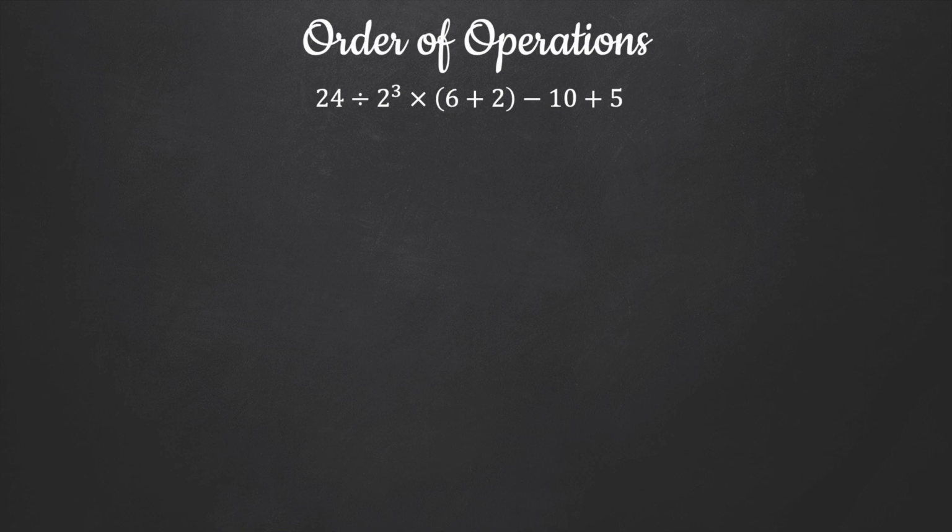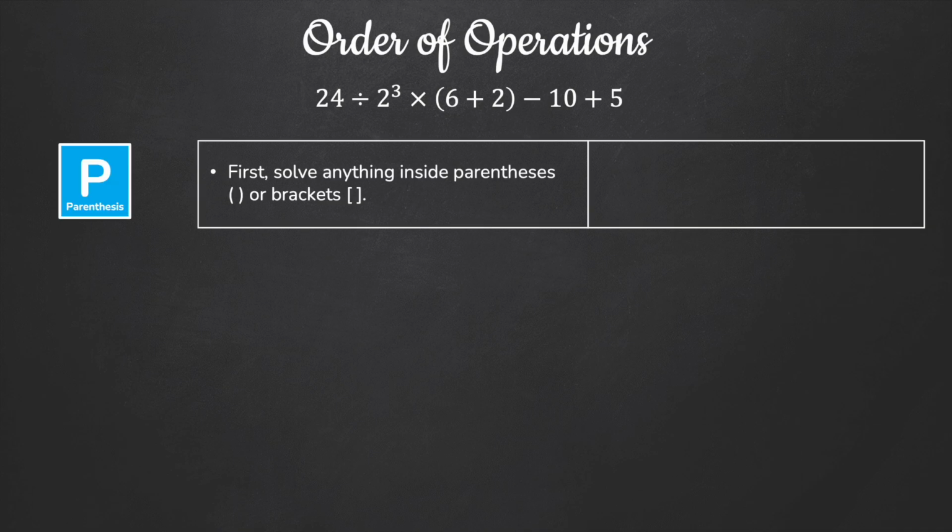In our acronym, the first letter we have is P for parentheses, which means first we're going to solve anything inside parentheses or brackets. I rewrote our expression so that we could clearly see what we have inside of our parentheses by making it blue.